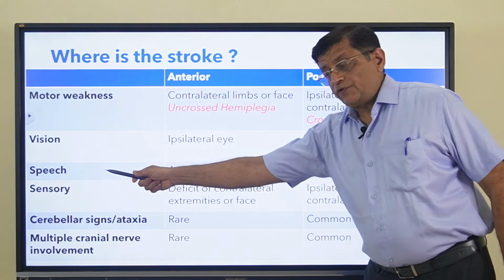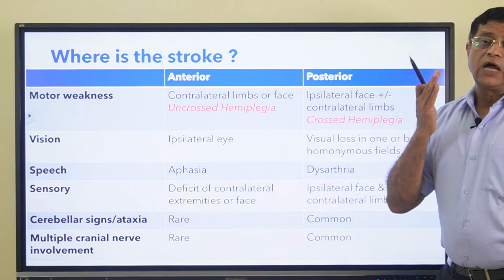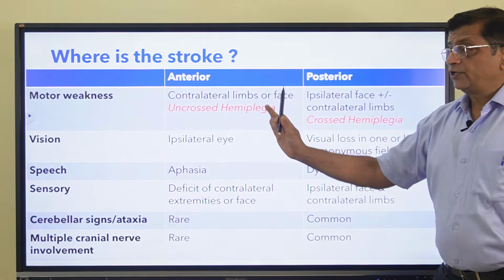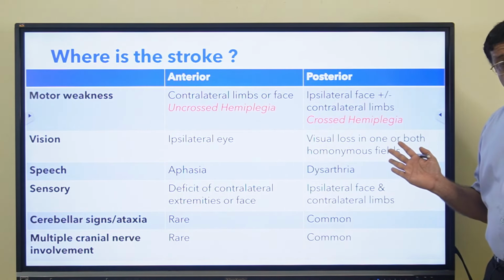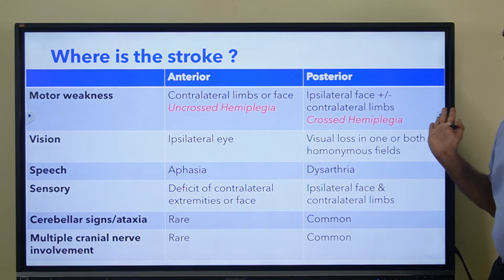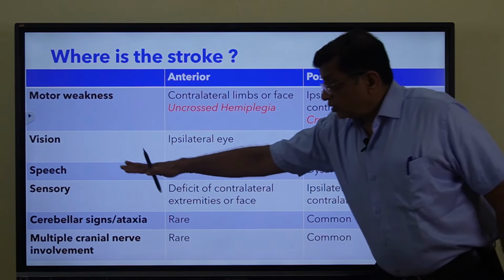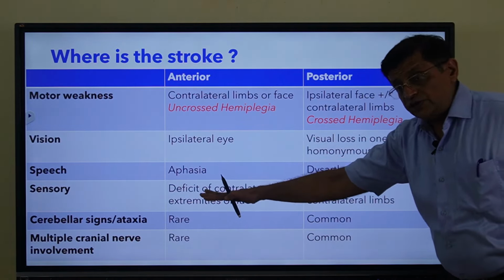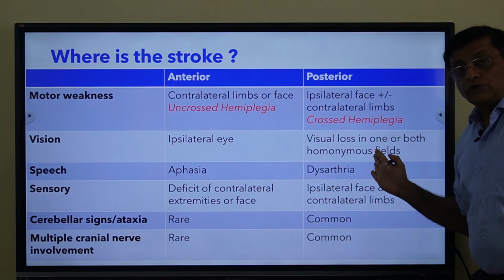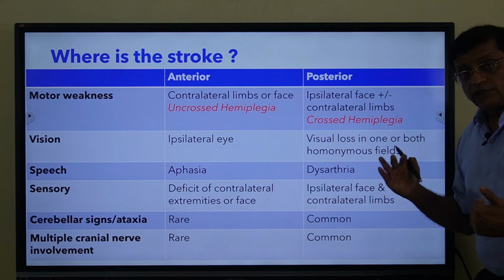Similarly, vision, if affected, the ipsilateral eye will be affected in anterior stroke, and visual loss will be either on the contralateral side or both sides in the posterior circulation stroke. Speech: the anterior circulation stroke will have aphasia, while the posterior circulation stroke will have dysarthria.